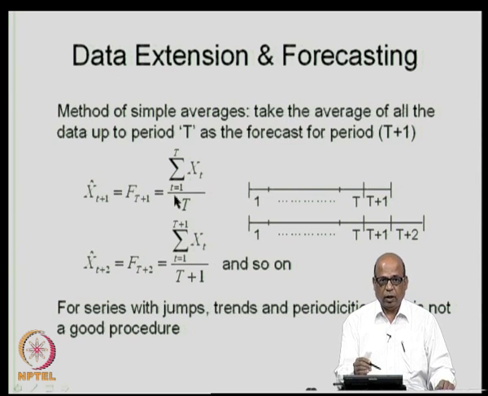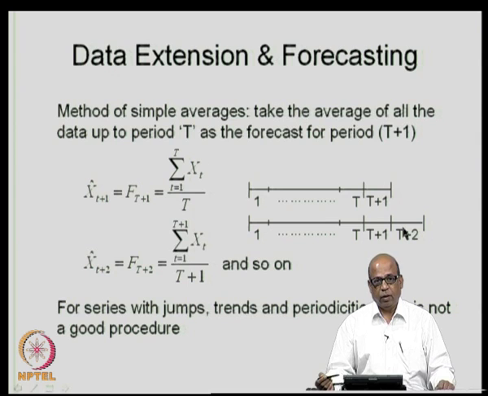So, t also indicates the number of time periods in this case, apart from indicating the specific time period here. So, you take all the values up to that particular time period, take the average of that and call that the forecast itself. As you progress in time, you will have more and more values to compute the average, and that average you put as your forecast.